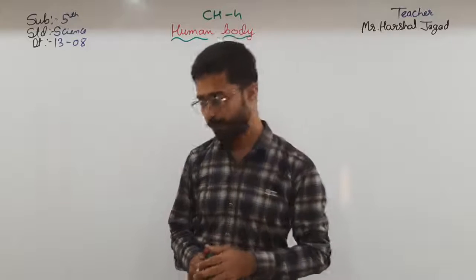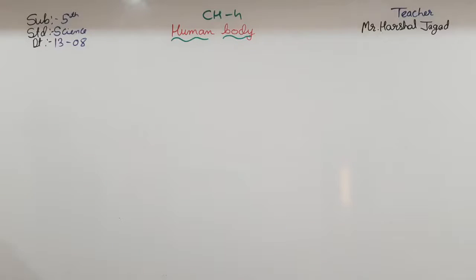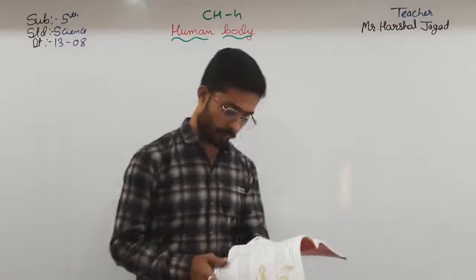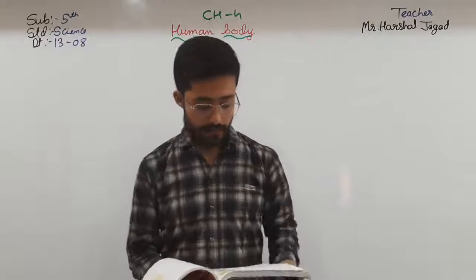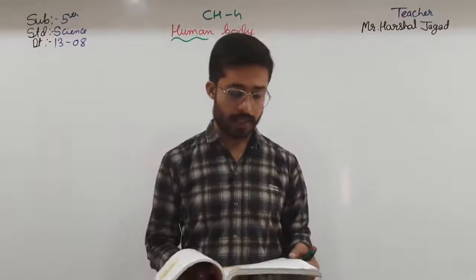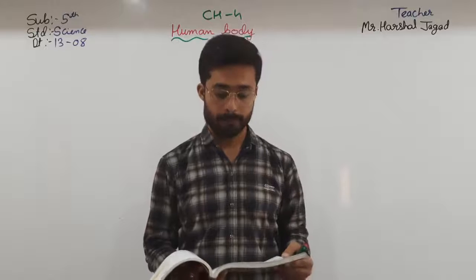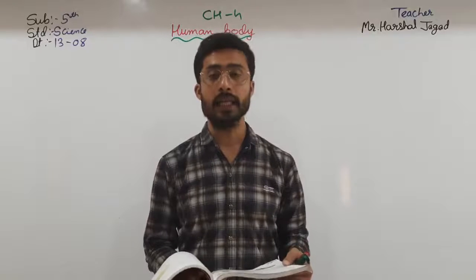Then after this, we have seen the central nervous system. The central nervous system consists of the brain, the spinal cord and the nerves.